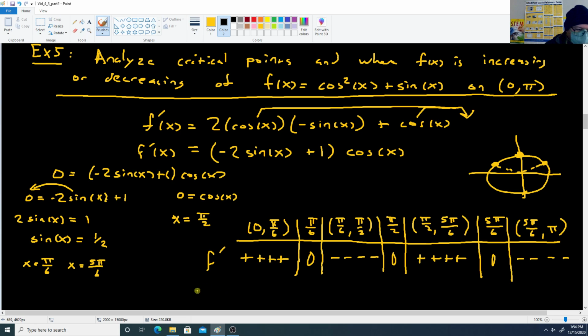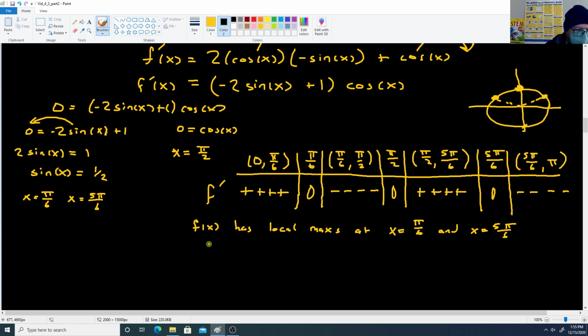So we'll say f of x has local maxes at x equals pi over 6 and x equals 5 pi over 6, as they are critical points. Again, on the AP test, you can't just put the chart and say, so this happens, you have to say why. So we say they are critical points.